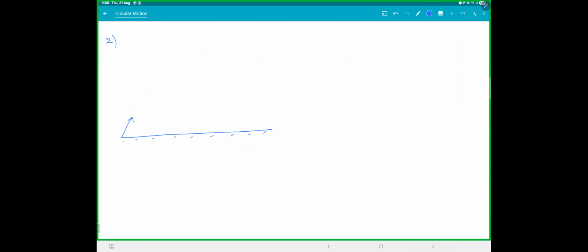Next one, a particle is projected with u at angle theta. Then it goes in a projectile motion. This is the origin 0, 0. I can ask as a function of time t, but let's keep it simple. Find omega of the particle as seen by the origin when it is at h max.